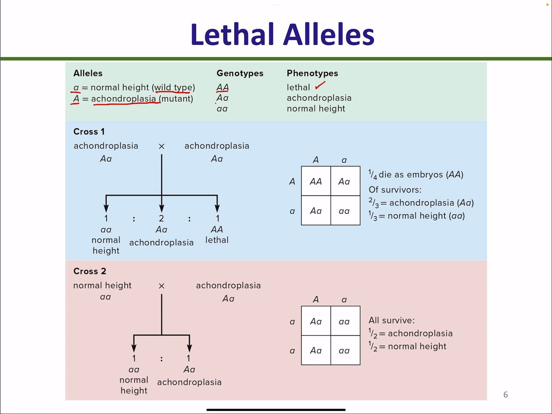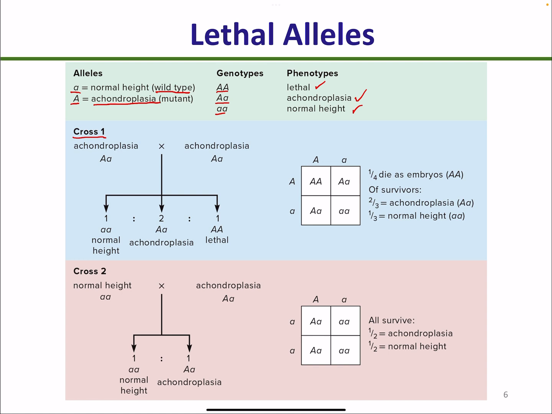While capital A, lowercase a, so heterozygous, these individuals are going to develop achondroplasia, therefore dwarfism, while lowercase a, lowercase a individuals are going to have normal height. So, in a cross of two individuals with achondroplasia, we are going to have the following ratios.